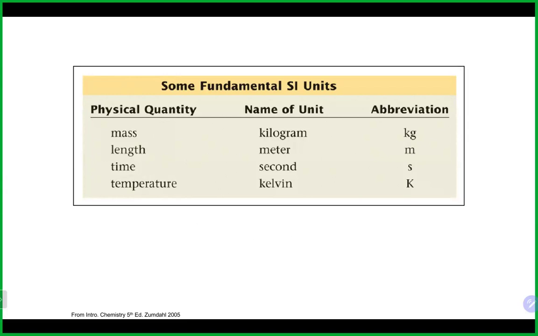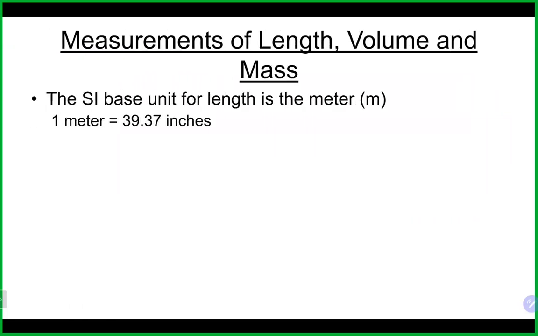We sometimes will see moles, which are abbreviated mol. That's the amount of molecules or matter really that is present. But these are the standard units for mass, length, time, and temperature that we come across. We do use prefixes, as we'll talk about shortly, to change the meaning of some of these values. But these are their standard abbreviations. And that table is from your book as well. You should have one.